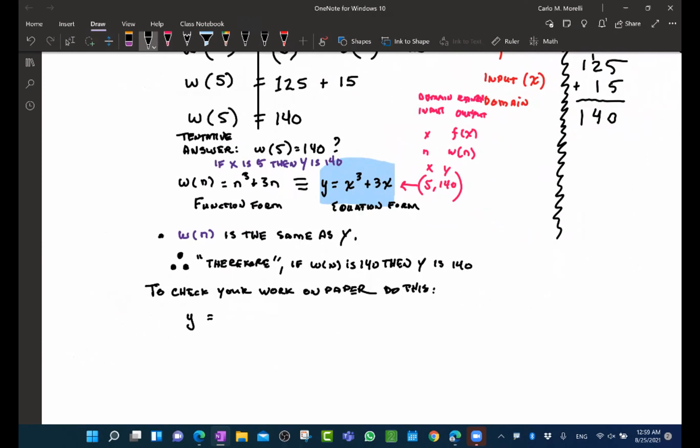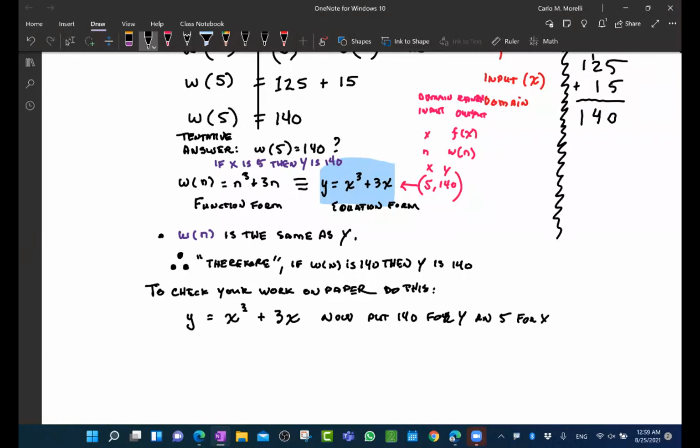Y equals x cubed plus 3x. And now put 140 for y and 5 for x, everywhere you see an x.